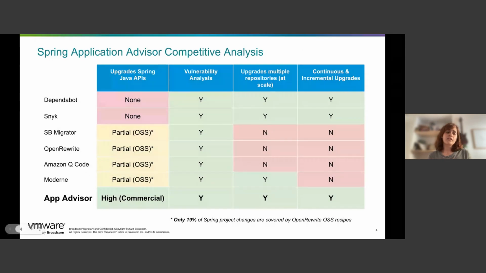The modernization space is quite new, and there are very few players. However, you probably have heard about Dependabot, Snyk, OpenRewrite, and others. So why is Spring Application Advisor different? Let's start with Dependabot and Snyk. They create incremental automatic pull requests across multiple Git repositories, right? And they are designed to upgrade your dependencies.